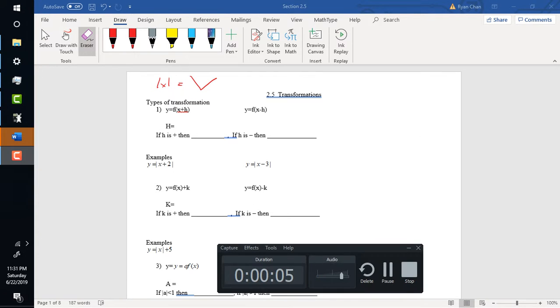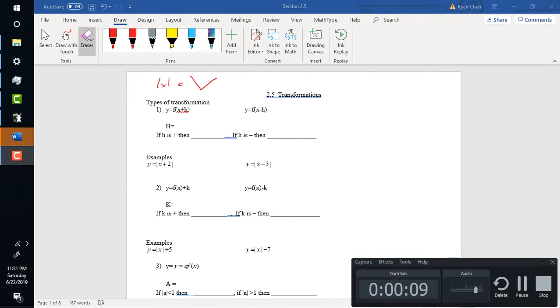Today we're going to be going over section 2.5, which is transformations. Before we get started, one thing that we want to be mindful about is that you want to make sure that you know your parent graphs.